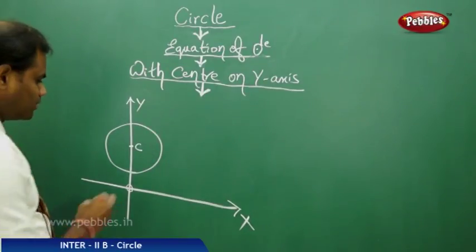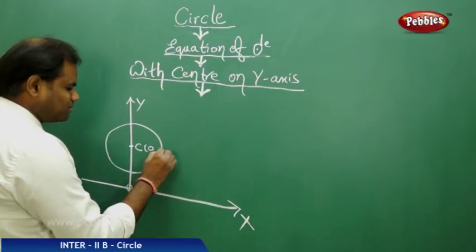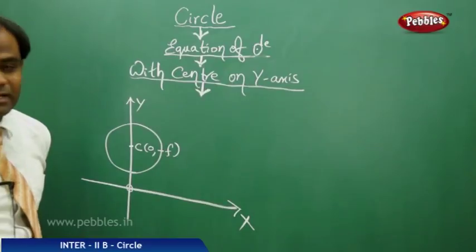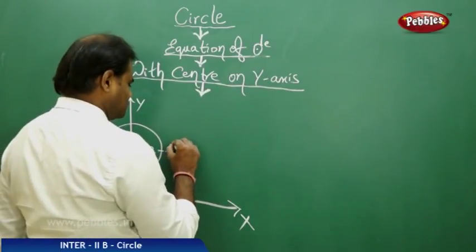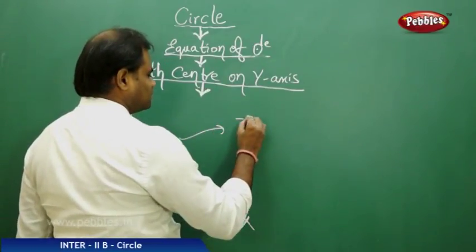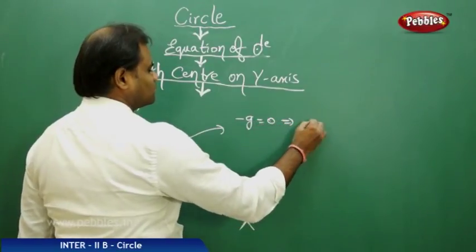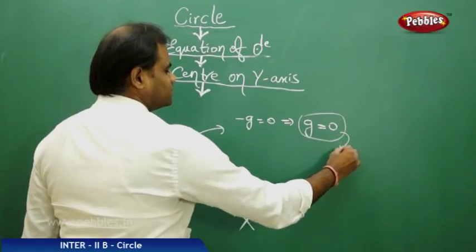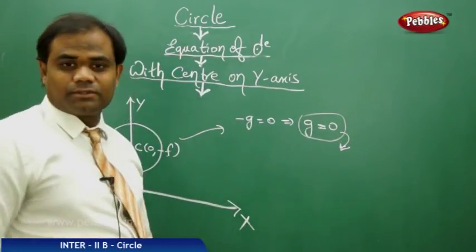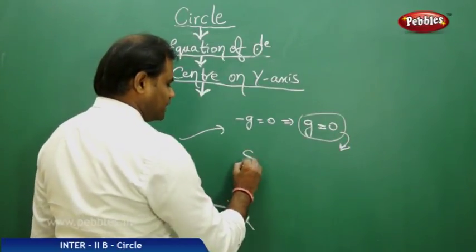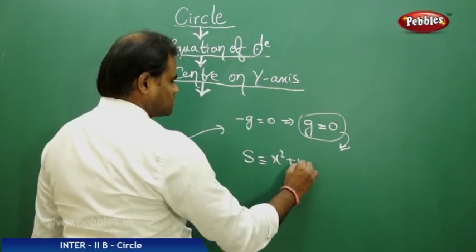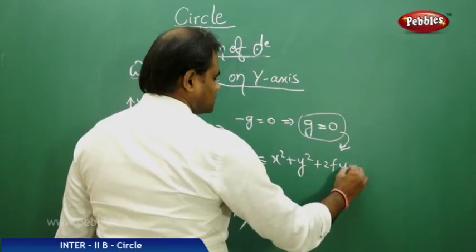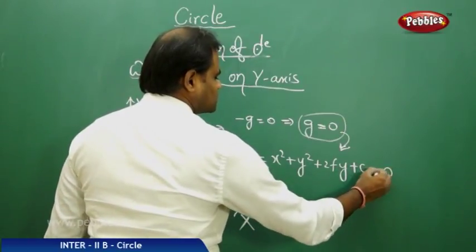Therefore its x coordinate is 0, therefore minus g, minus f reduces to 0 comma minus f, and therefore we have here minus g equal to 0, that implies g equal to 0, which defines the equation of circle, where S is x squared plus y squared plus 2fy plus c equal to 0.